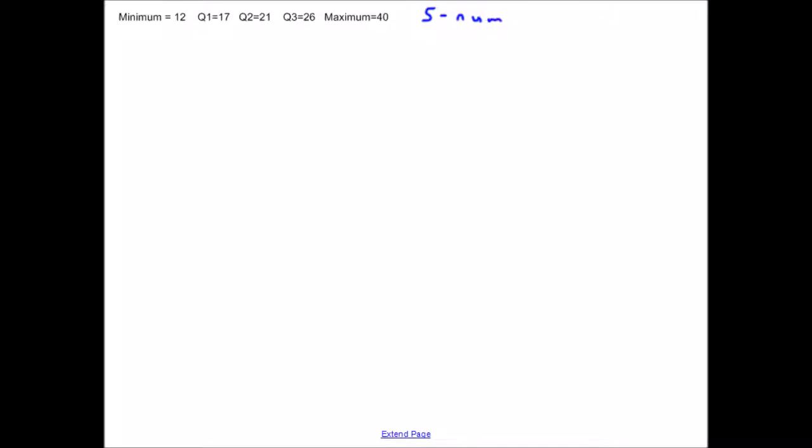You can look in the textbook or on Connect Math examples for how to find that 5-number summary. It deals with position of data rather than the actual data values themselves.